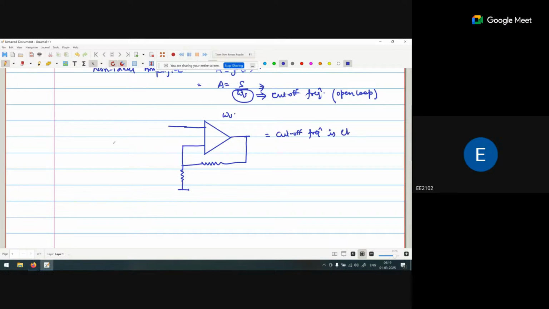Now it is a closed loop system. In the closed loop system, my cutoff frequency will be dependent on some other feedback parameters. Clear?